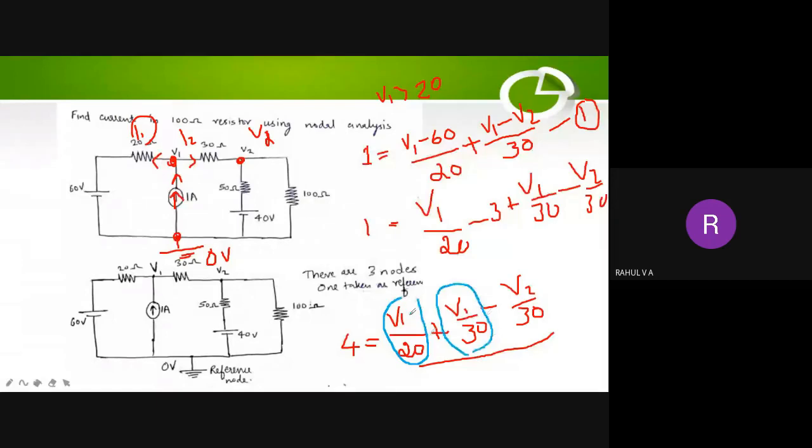So 3 plus 2, 5V1, so 4 is equal to 5V1 by 60. Again you can multiply the third term by 2 so that it also becomes 60, that is 2V2 divided by 60. And 60 you can take to that side: 5V1 minus 2V2 equal to 60 into 4, that is 240.